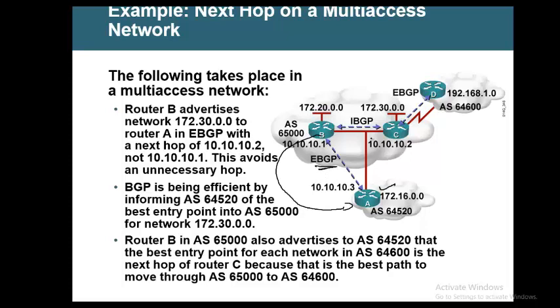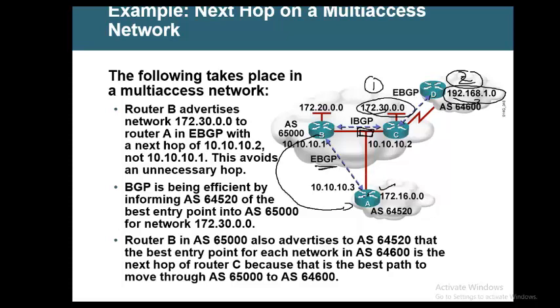So if A needs to learn this network, or also this network, both network 1 and network 2, A can learn only from which one? Router B. But if you see, there is a switch here. Otherwise, you cannot connect these three devices. There is a switch here.